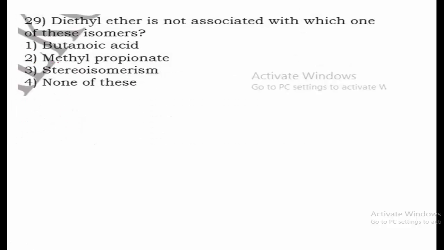29th, diethyl ether is not associated with which one of these isomers? So diethyl ether, how you will write it? C2H5OC2H5. Okay, and what is its formula?